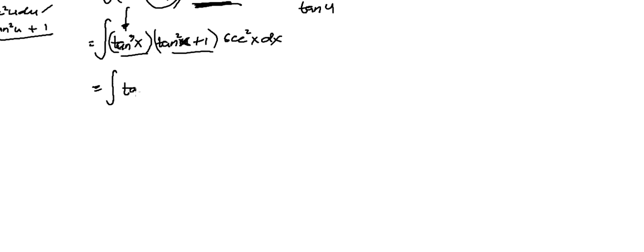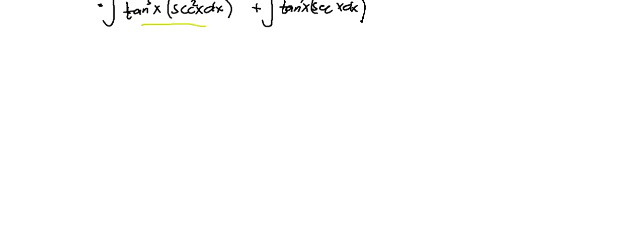So we have tangent cube x times tangent squared x, which is just 3 plus 2, we have tangent 5x, and then at the second one we have plus the 1 times tangent cube x, then our derivative of tangent u, which is secant squared x dx.